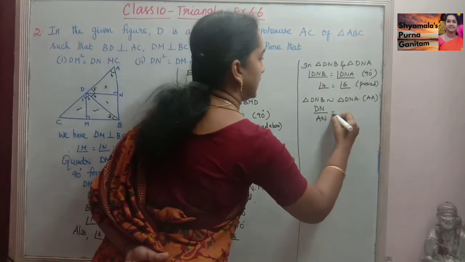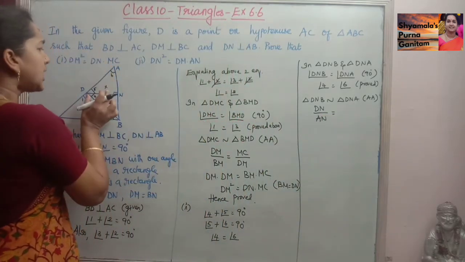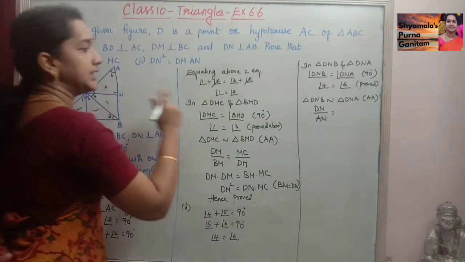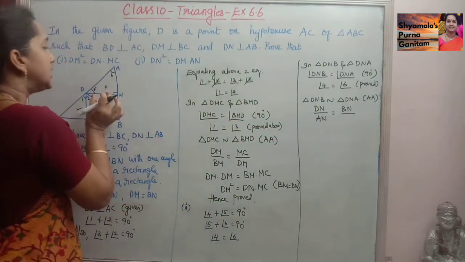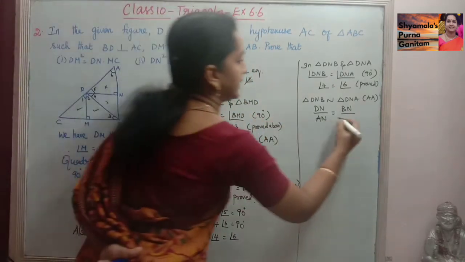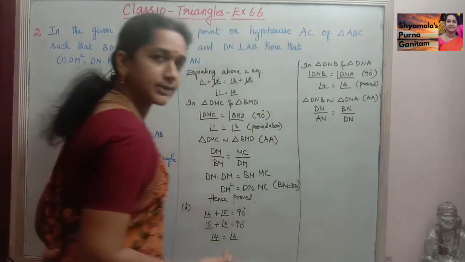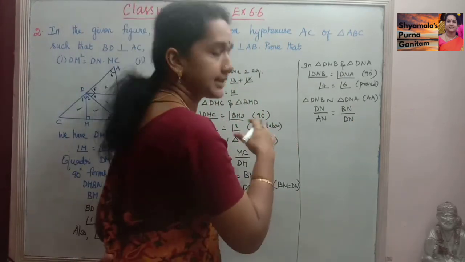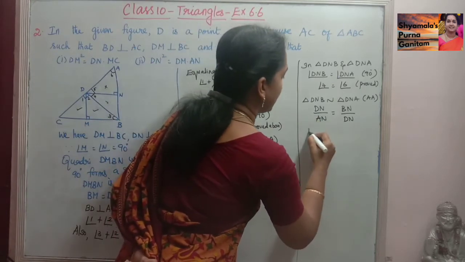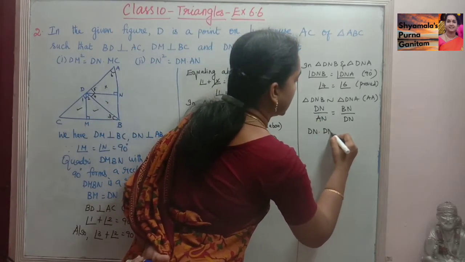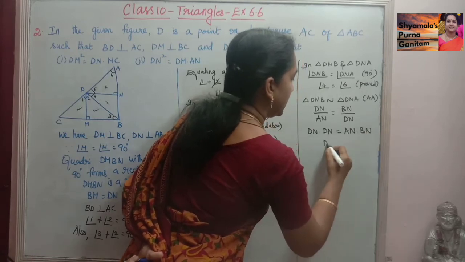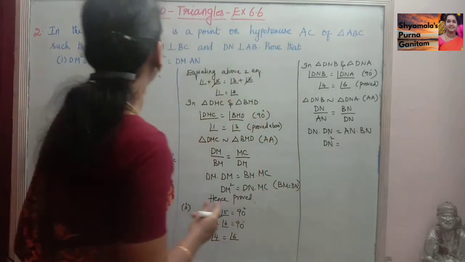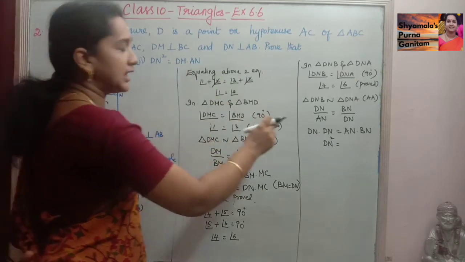So DN by AN is equal to the base of the first triangle, BN, over the base of the second triangle, DN. Like this we are comparing the sides, since the sides are proportional. So when we cross multiply, DN into DN is equal to AN into BN. So DN squared is equal to AN into BN.